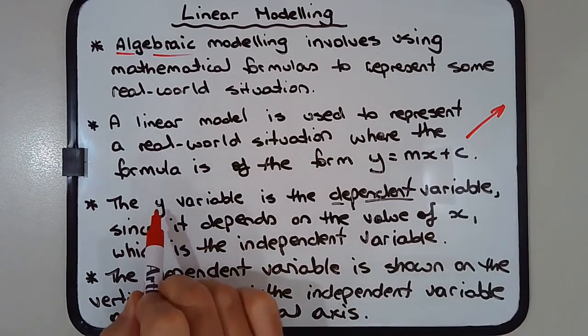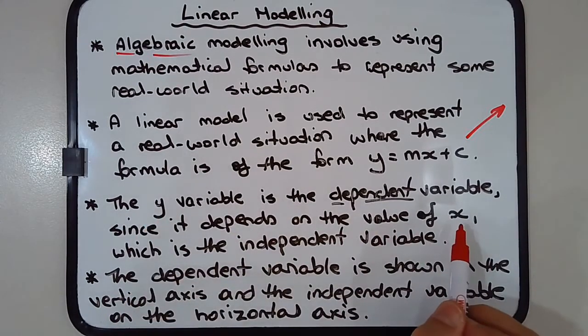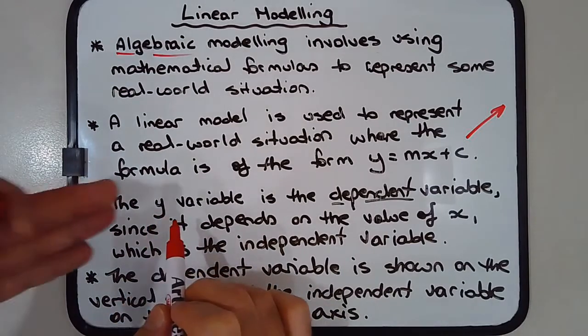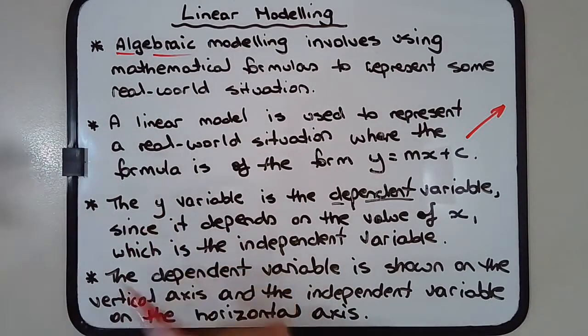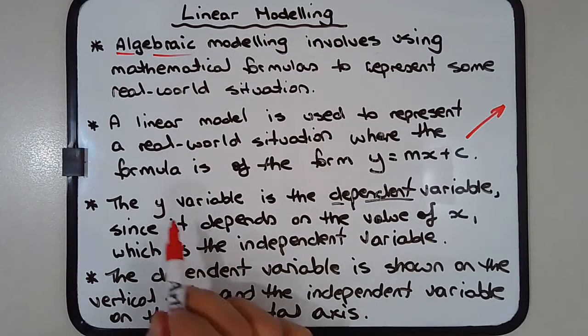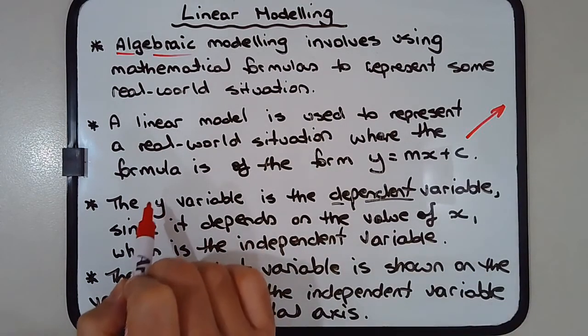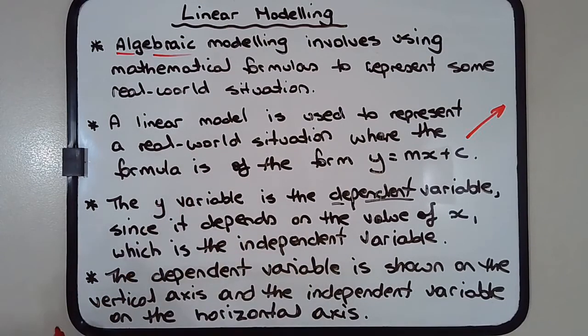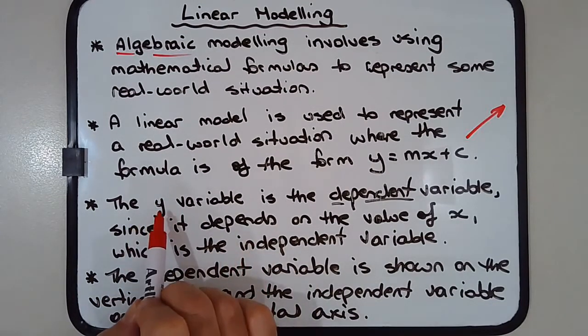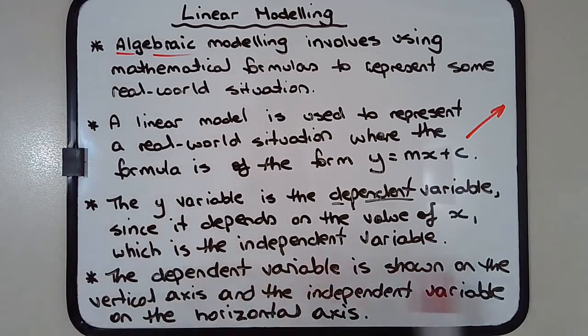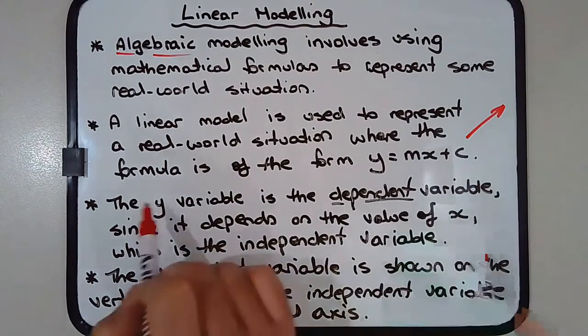The y variable has to be calculated from the x variable. In other words, we can't just go and say, oh, we're just going to make y 5. Well, that depends on what value we have to set the x variable to make the y value 5, for example, depending on whatever it is we're looking at. So the y variable, we don't directly control that. We only control the x, and that in turn changes the y.